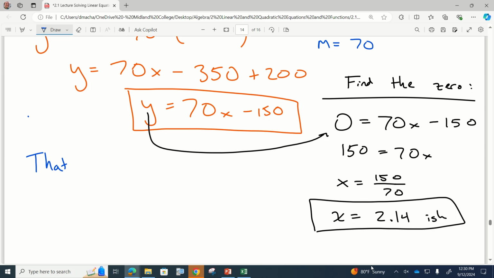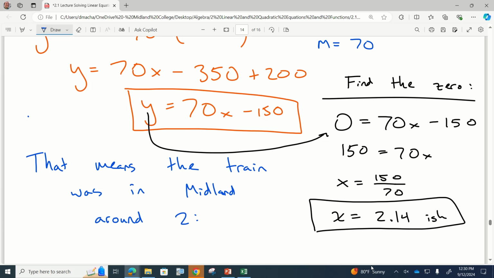That means the train was in Midland or leaving Midland around 2, and you don't have to give a specific number, but like 2:08 a.m. Does that make sense? A little bit? Because if y is equal to 0, that means the distance from Midland is 0 miles. That means we're in Midland.